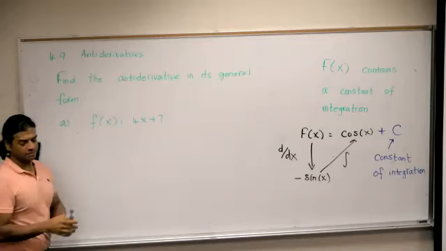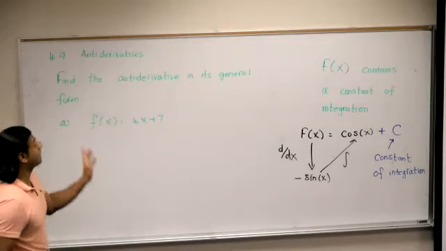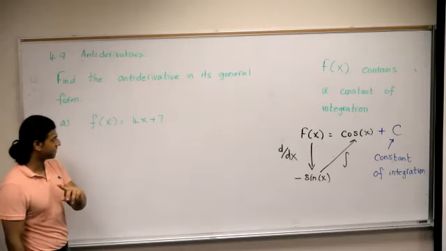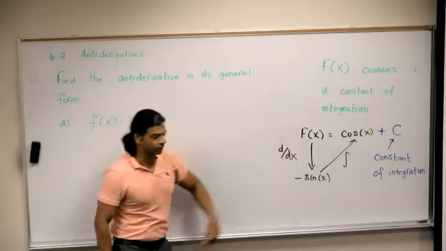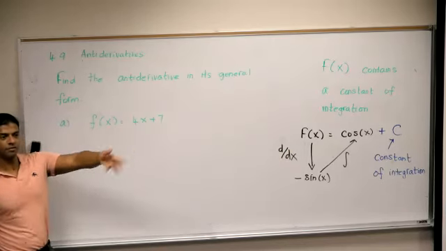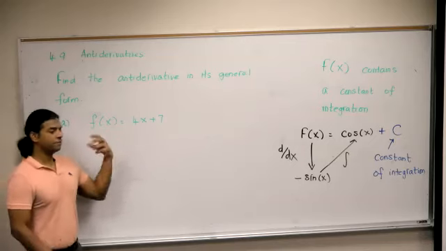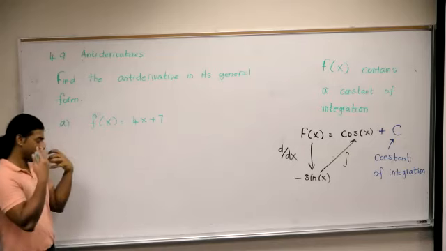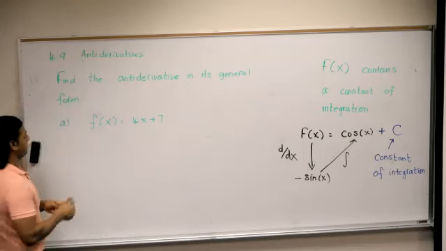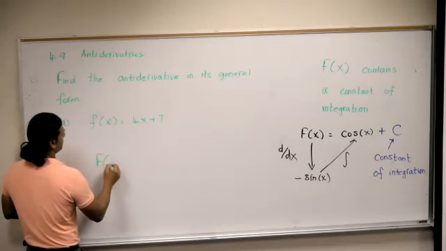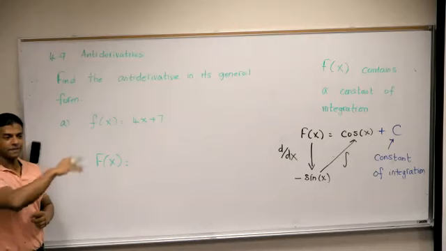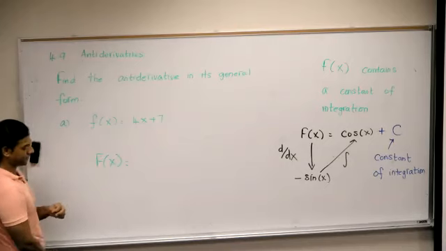I want you to come up with a function, uppercase F of x, so that when you take the derivative of uppercase F of x, you get this. Because that's the definition of an antiderivative. We're going to do this by trial and error, but there is a proper way to do it.